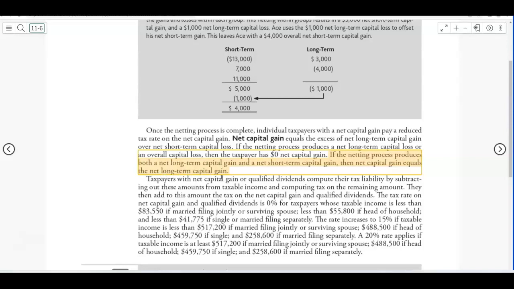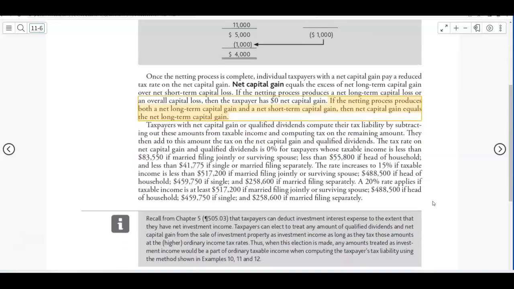That means we have at the end a net capital gain, but long-term. We're going to get to an example that makes it easier.